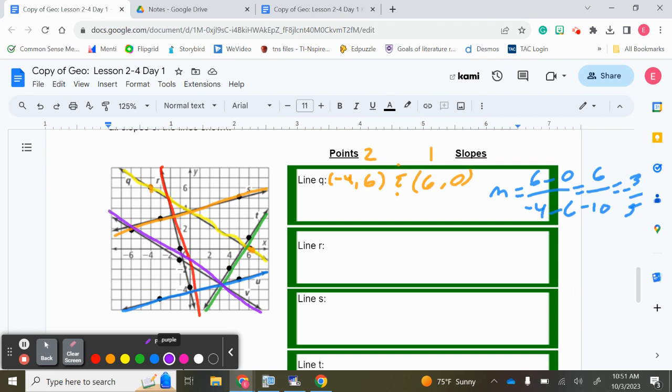Which paper? Which paper? Two. No, you can see it. Oh, it's a negative.